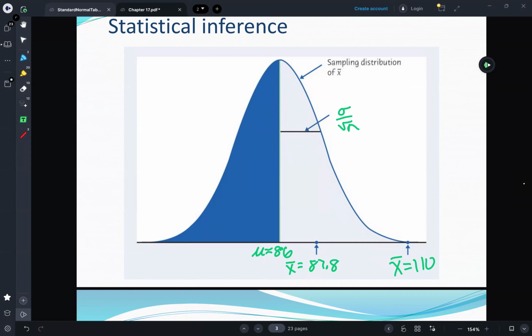We're going to get a test statistic, but we're looking at the mean, and we're really testing to see how close it is. If you think of that idea, where does the test statistic fall? If it's way out in the tail, then the null is not going to be held. We're going to reject the 86 as true. And we'll accept the claim that the alternative is it's greater than.